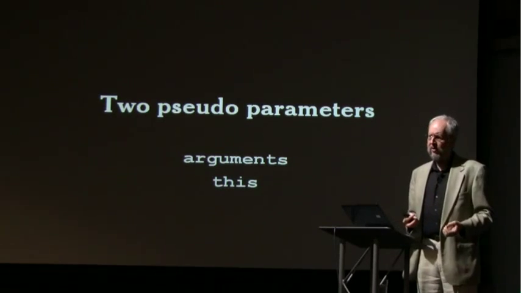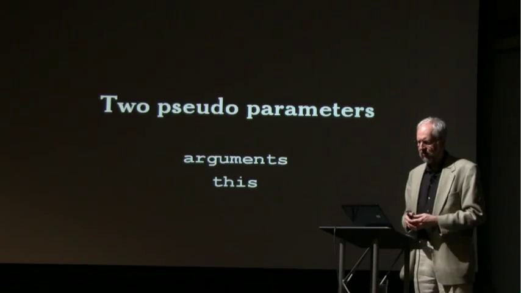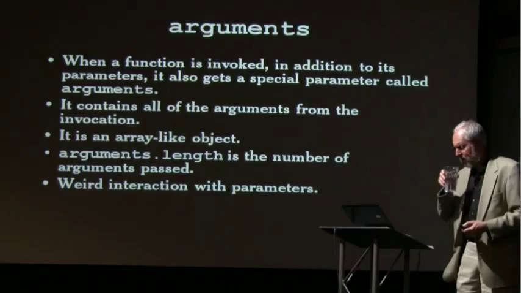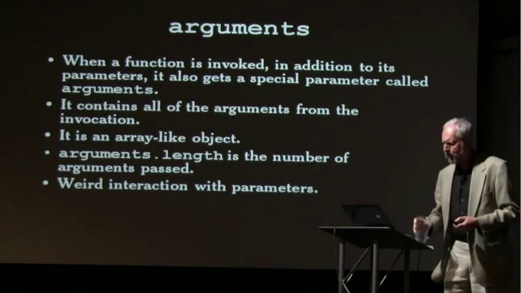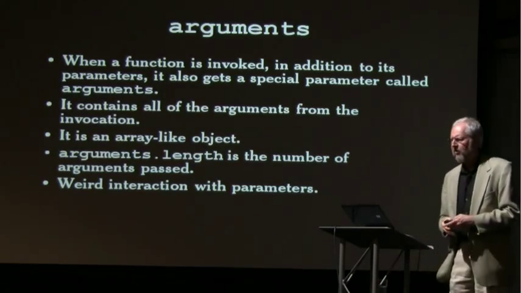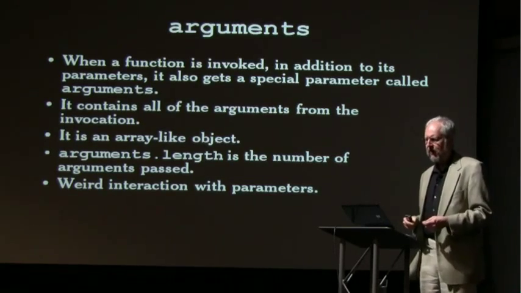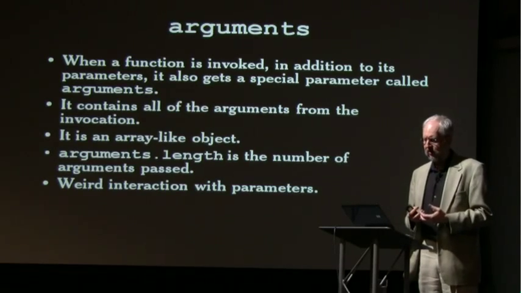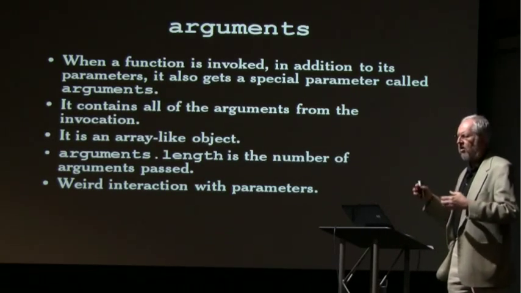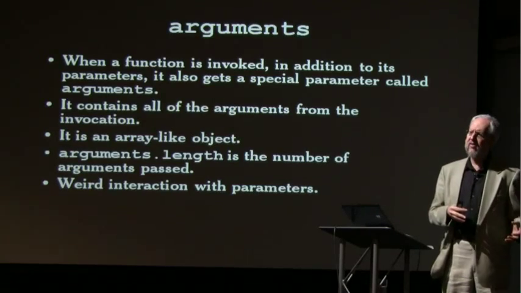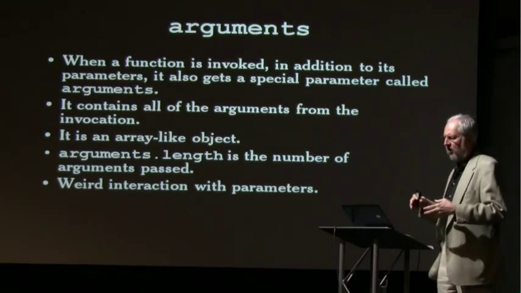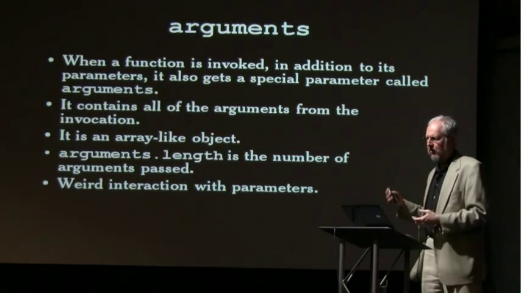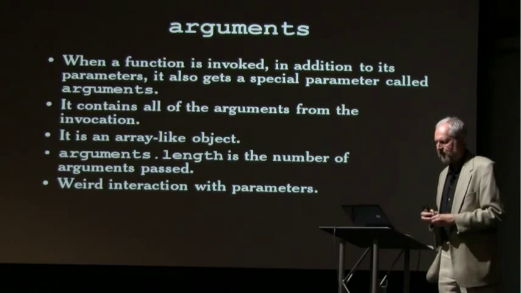There are two pseudo-parameters that every function can receive. One is called arguments, and the other has the unfortunate name of this. So let's look at arguments first. When a function is invoked, in addition to the parameters that it declares, it also gets a special parameter called arguments. And it contains all of the arguments that were actually specified in the invocation. It's an array-like object, but it is not an array, which is unfortunate, and I'll show you some examples of why that's unfortunate.